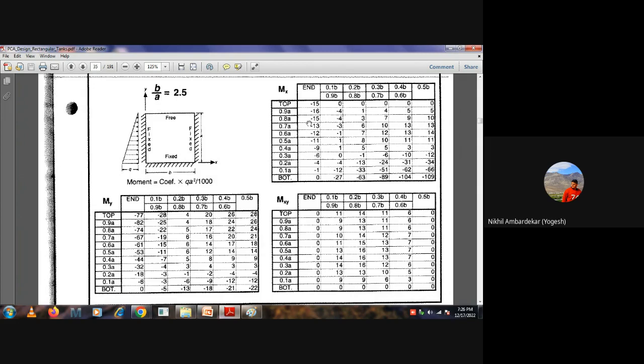Now calculate MY similarly for 55. 112.75.